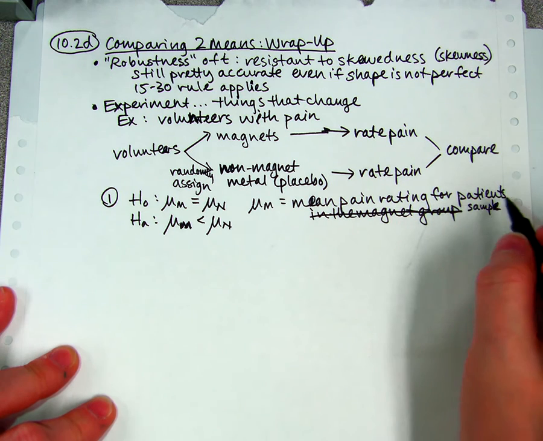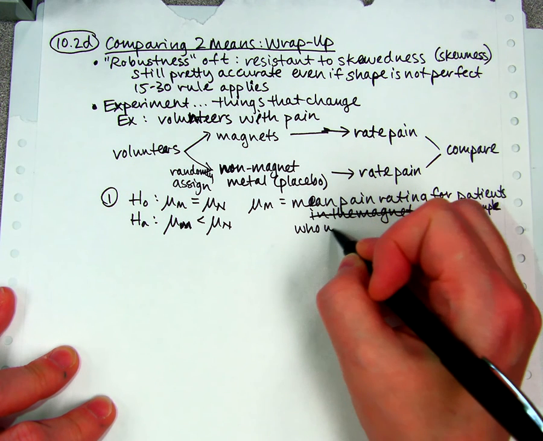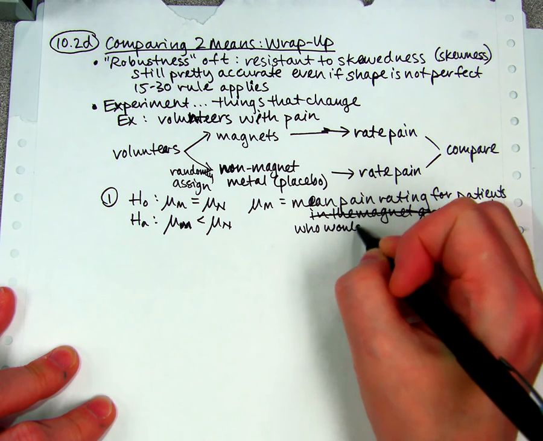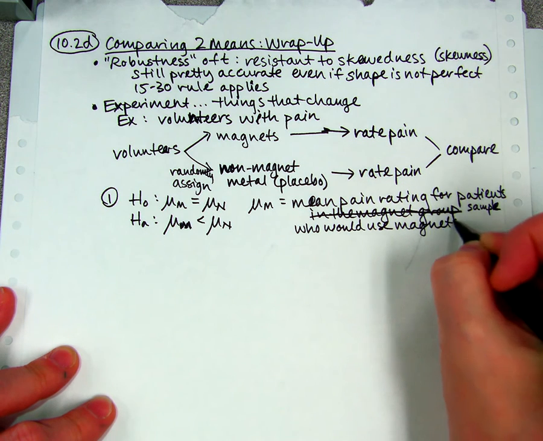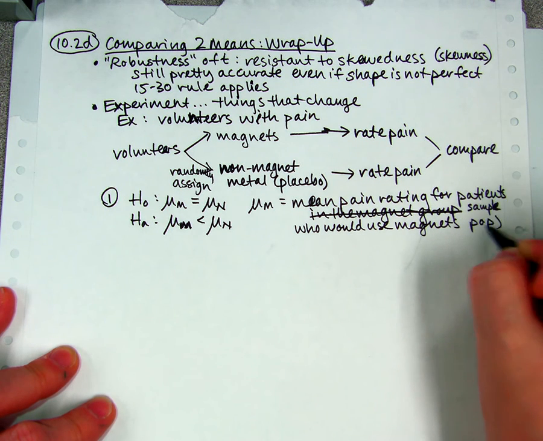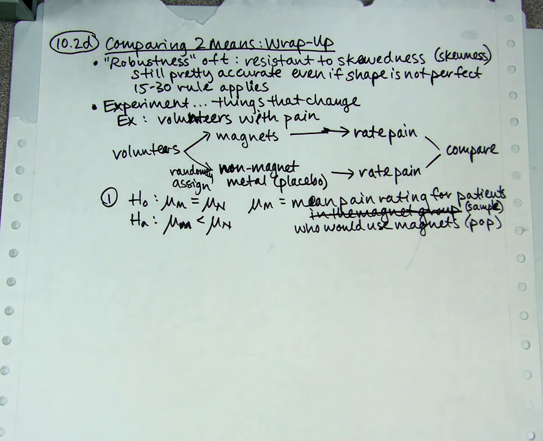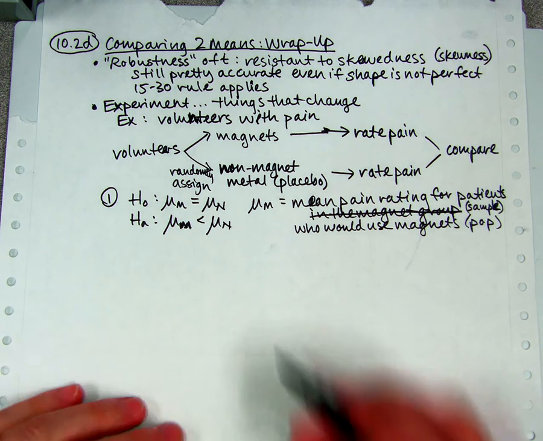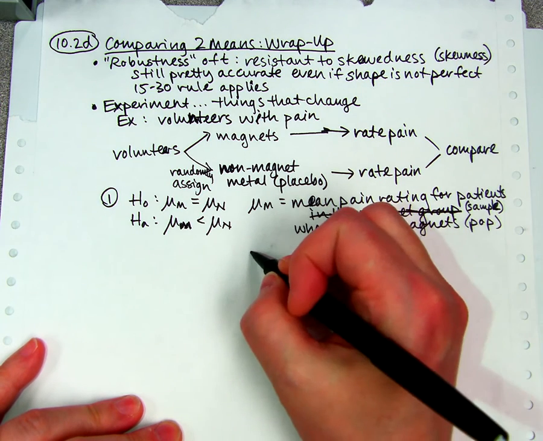So what would be better is to say patients who would use magnets to reduce pain, which is about the population. So be careful to not write your null and alternate about the people who were actually in the study, because that's the sample. We want our hypothesis to be about everybody who could possibly use this treatment.